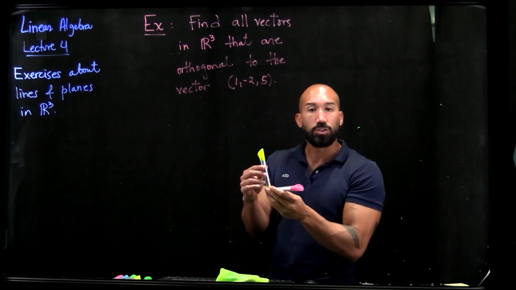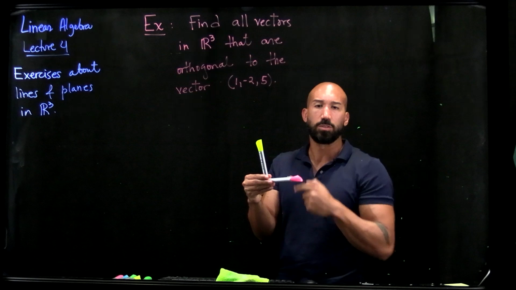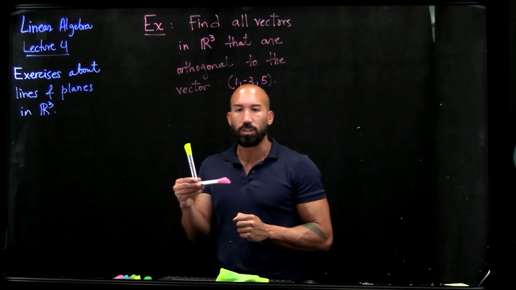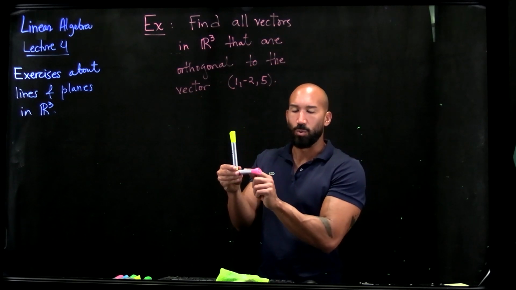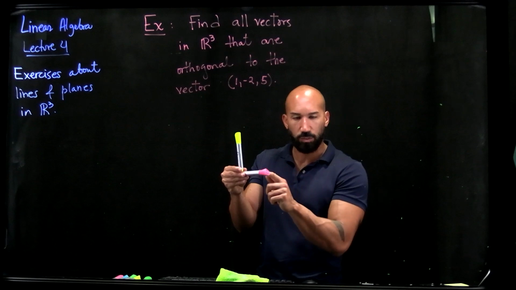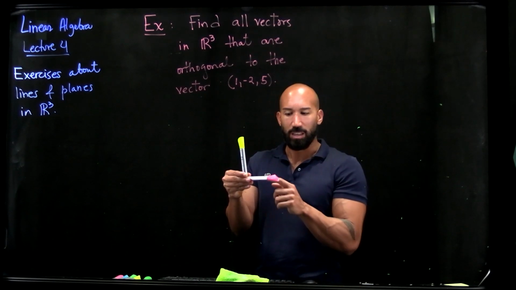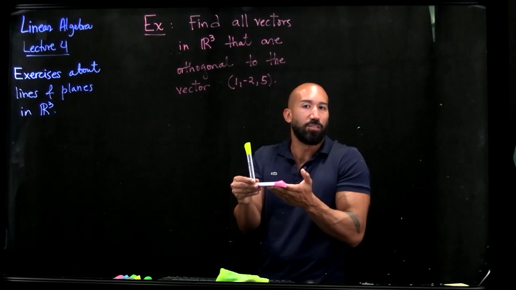If it's not the zero vector, that vector is perpendicular to the given one, so it's forming an angle of 90 degrees with the given one. If this is a solution, and we change the magnitude of this vector, the resulting vector is also a solution. How do we change the magnitude? Multiplying that vector by a scalar.